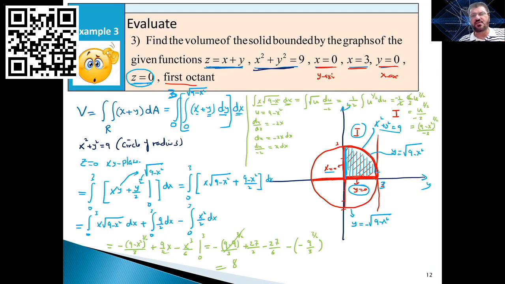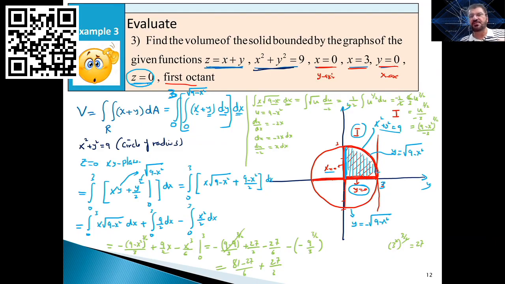So this is 81 minus 27 over 6. By the way, 9 is 3 squared, raised to the power 3 half. 2 goes with 2, so you get 27. So this with this is now plus 27 over 3.